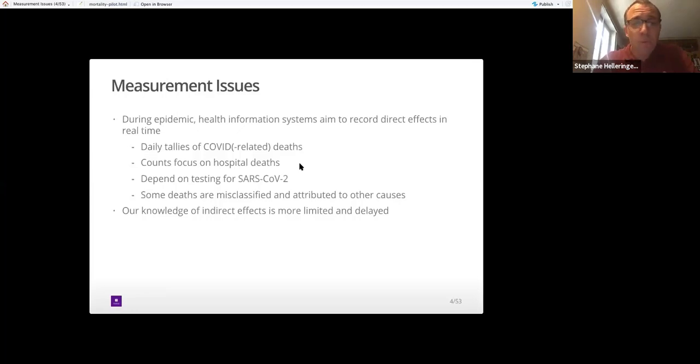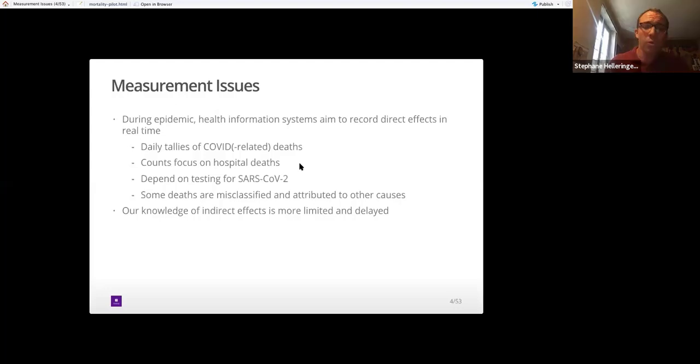Through this system, some deaths might thus be misclassified or attributed to other causes. Early on in the pandemic, for example, there might have been a number of deaths that were attributed to pneumonia or other pulmonary ailments and so on and so forth. So there are important issues here.